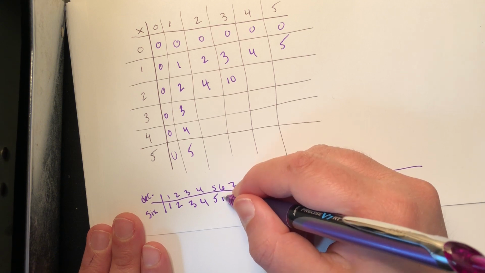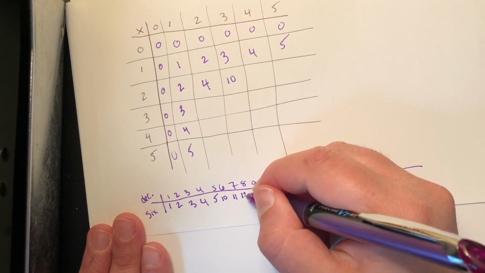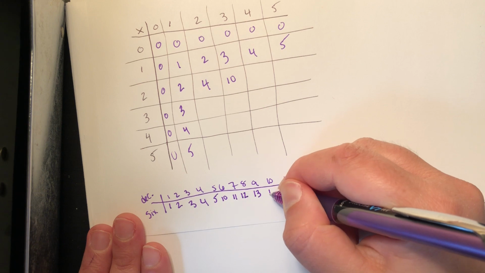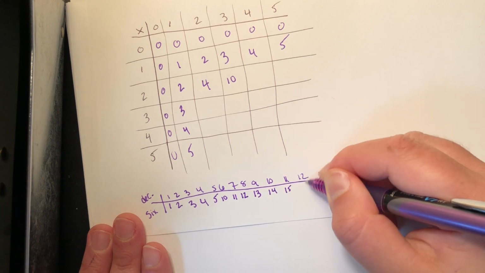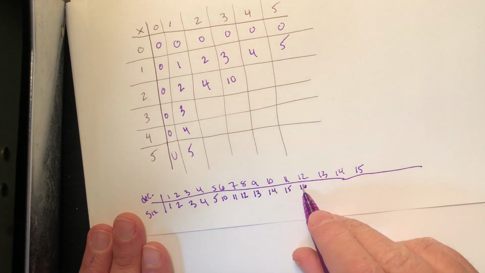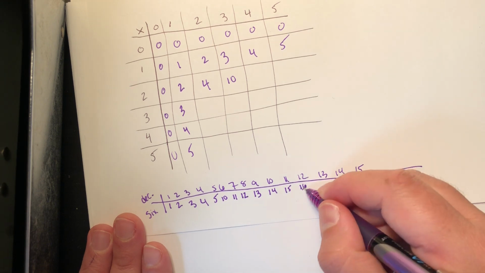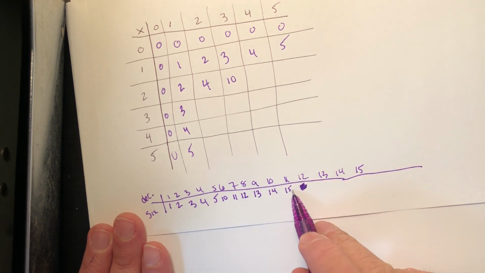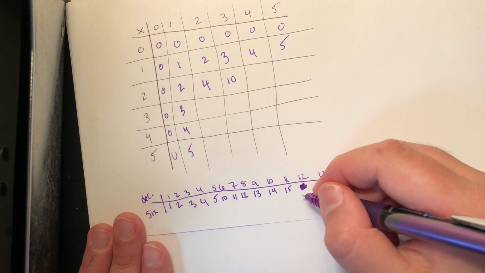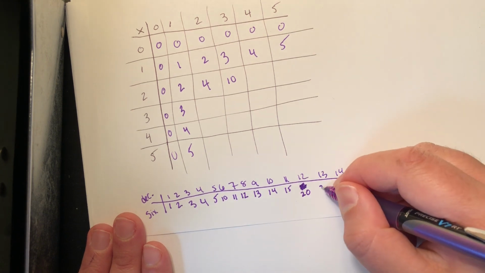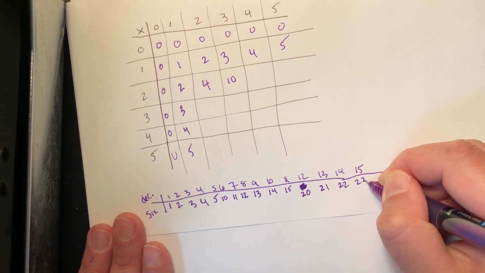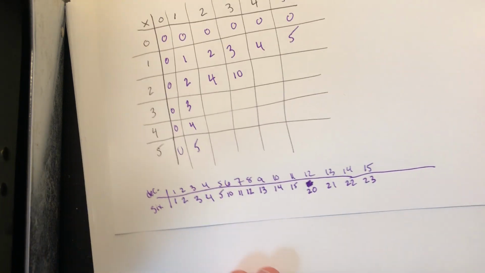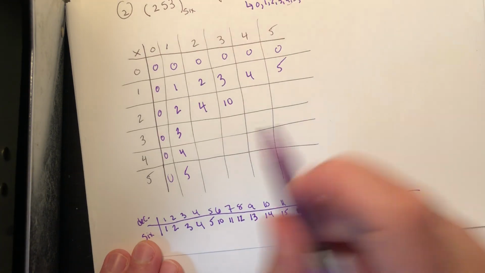So 6 is equivalent to 10, 7 to 11, 8 to 12, 9 to 13, 10 to 14, 11 to 15, 12 to 16. Oh, wait a minute. No such thing as 16. We don't have a 6 to use here. We've run out of digits in the ones place, so now we go up to 20, 21, 22, 23. Okay, and we'll keep going further if we need to.